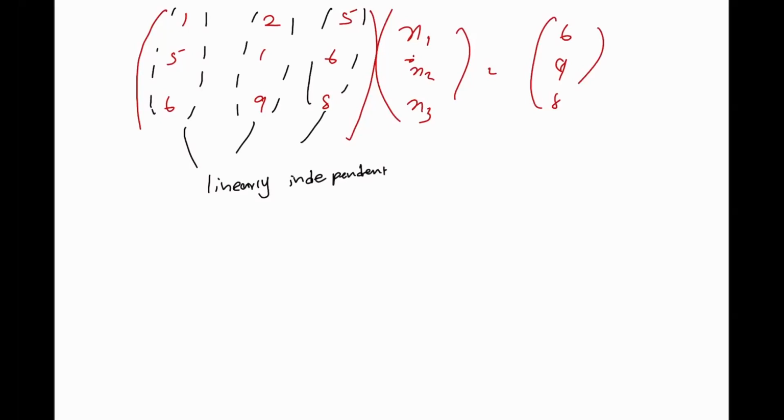If these 3 columns are linearly independent, the dimension of your column space becomes 3. It means you have 3 vectors, each with 3 components, so each vector belongs to R cubed.